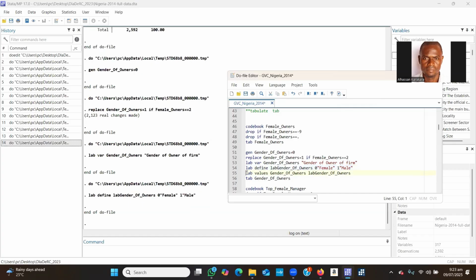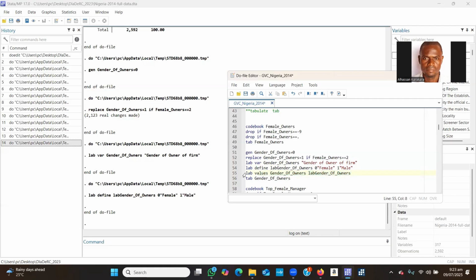Then the very last one is you now label the values of the variable. The command is lab values gender of owners. That is our variable. Then you lab, without a space, the end of the variable.